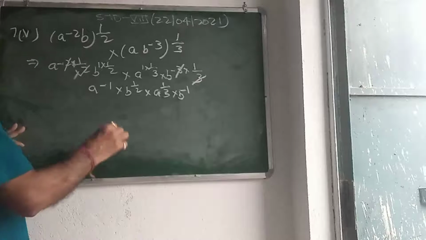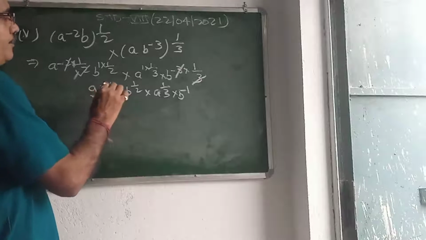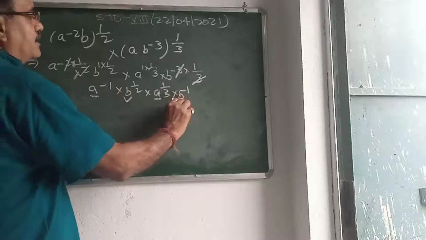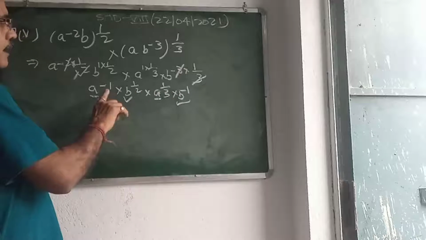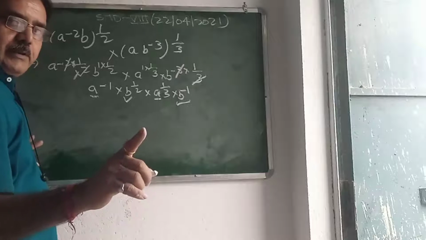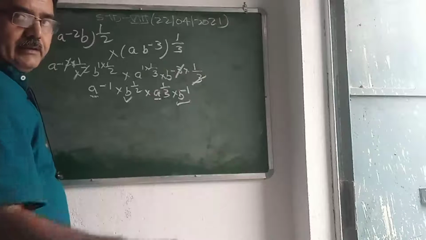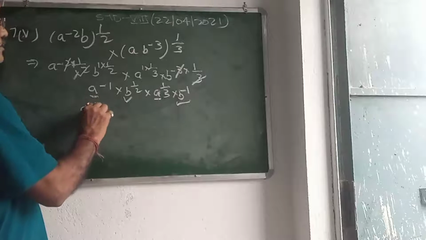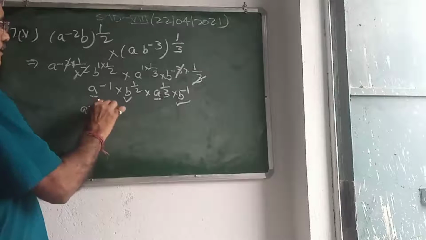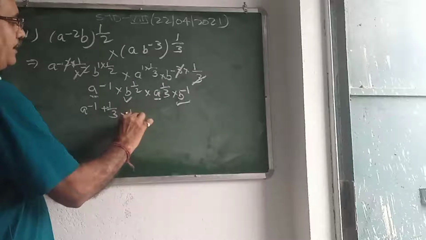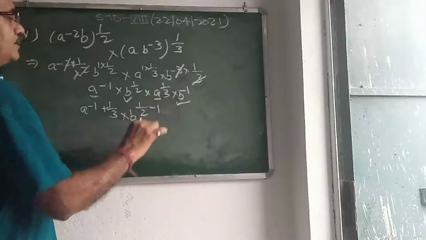Now see here. A and A are the same base, B and B are the same base, and among them there is a multiplication sign. So when the base is the same and there is a multiplication sign, then the power will be added. The first law of exponents: a to the power minus 1 plus 1 by 3, into b to the power 1 by 2 minus 1.